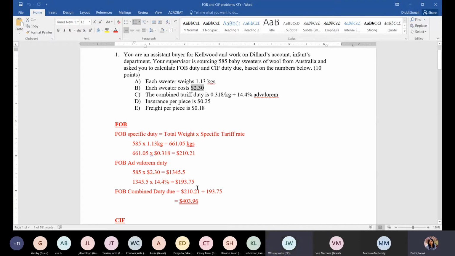Okay, because that was a little confusing because in the book it said the FOB ad valorem includes the sales price. Okay, give me 1 minute. I'm just opening up the book really quick.